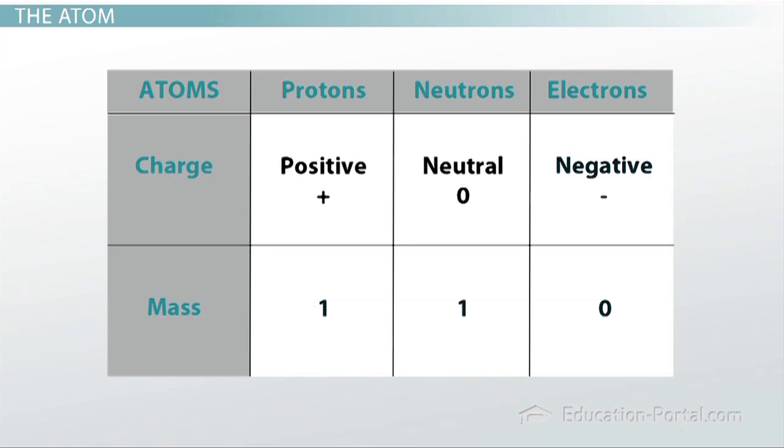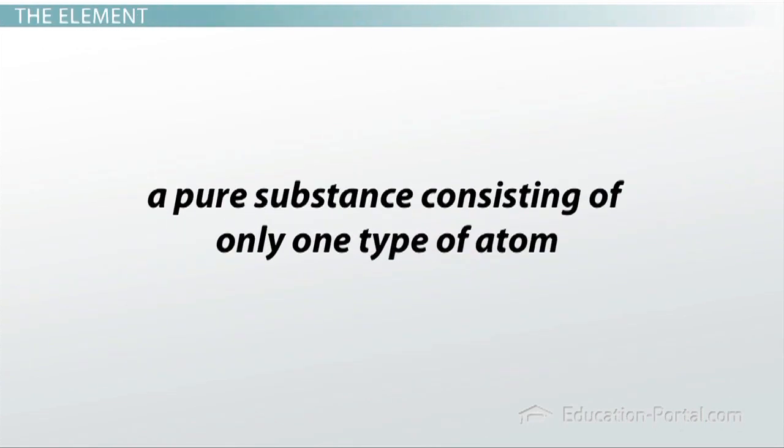Now that we know that atoms are what makes up all of matter, we can talk about how atoms are organized a little bit more into more complicated structures. A substance that's composed of a single type of atom is called an element, right? So we talk about the different elements that occur in nature as having different characteristics.